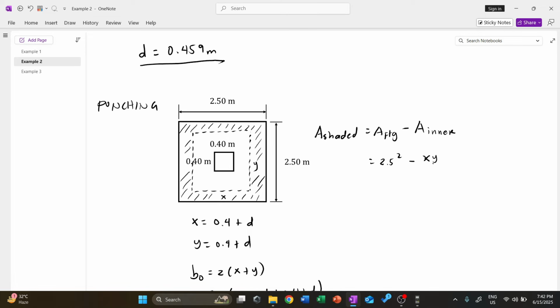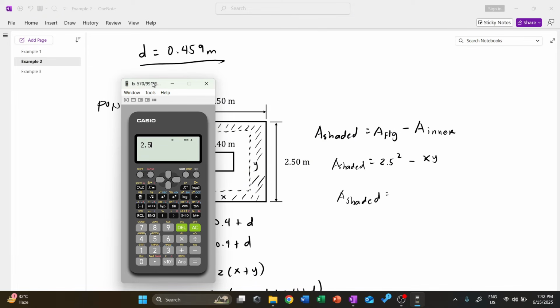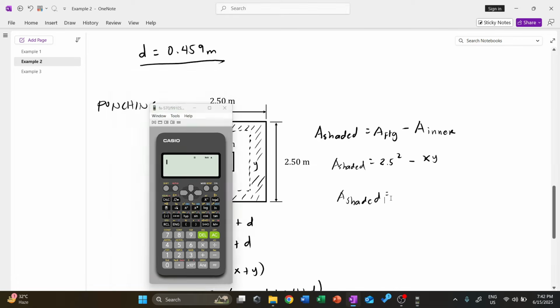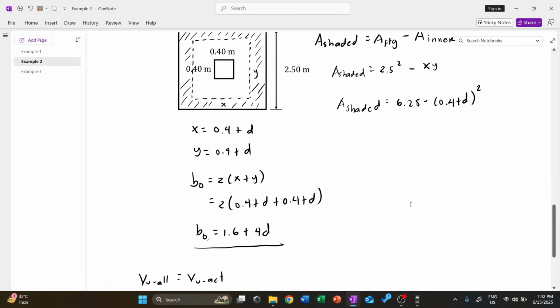So this is now our shaded area. Or let's substitute: since x is equal to y, the shaded area is simply 2.5 square, which is 6.25, less 0.4 plus d, squared.